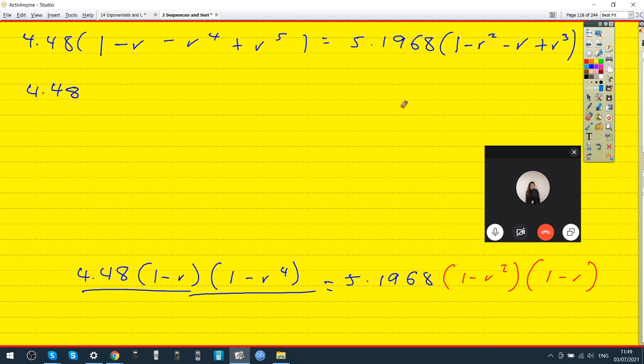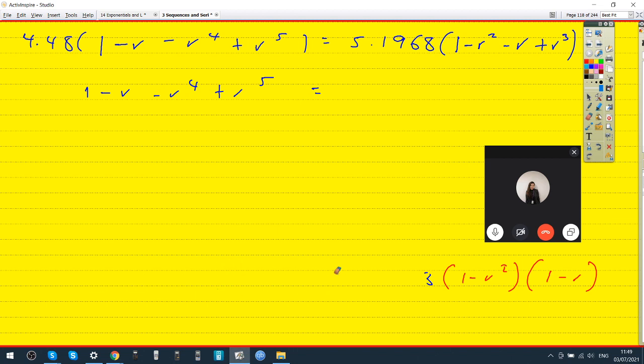Hold on, that's gonna annoy me. Let's just divide both sides by 4.48. So what is that number divided by 4.48? It's 1.16. Okay, so we do that to this side.